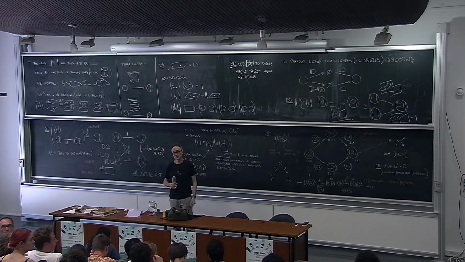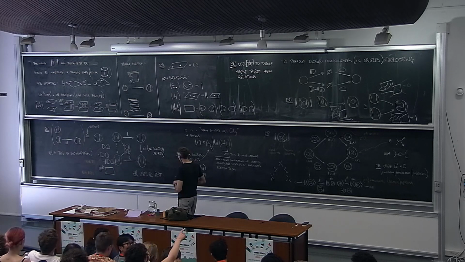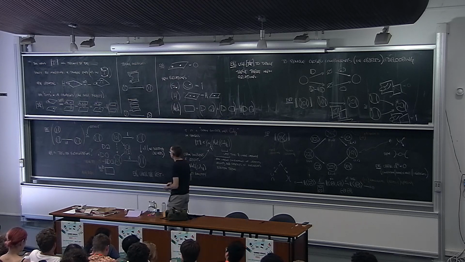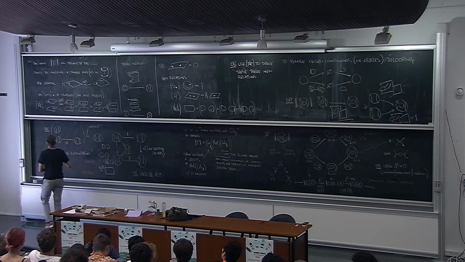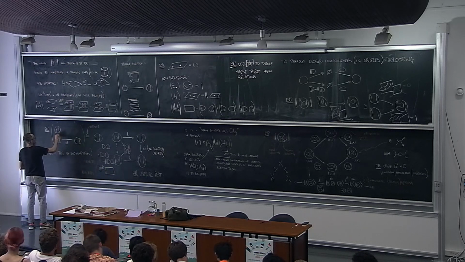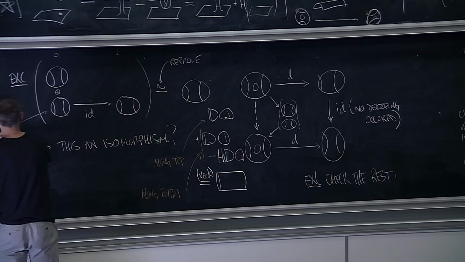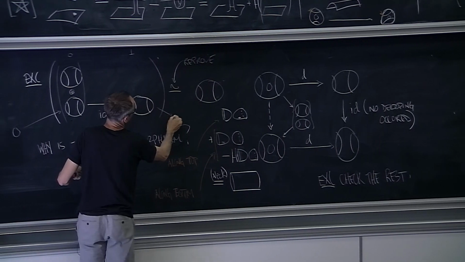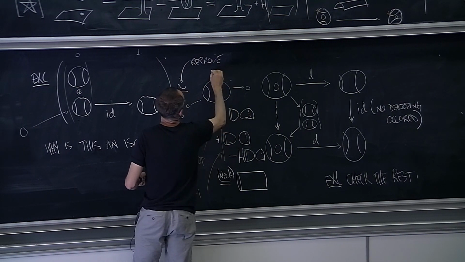Yes, Pamela? Yeah, this is a chain complex. Remember that now secretly this is a sum, and there's a 0 coming in here and a 0 out, and this chain complex is that chain complex, and this is sitting in i equals 0.